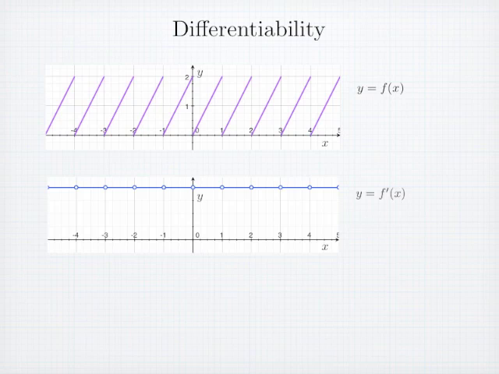Notice that because my original function is made up of a bunch of lines, the slope is the same everywhere. My slope is 2. But every time my function above, the original function, has a break, the derivative is not defined. So this function was non-differentiable at each of the integers because my function had breaks.